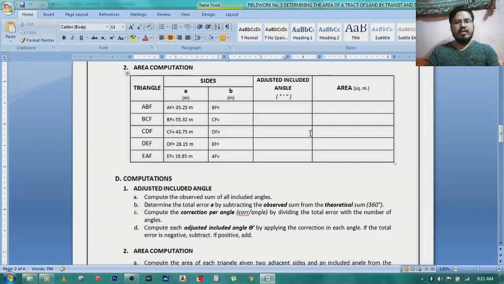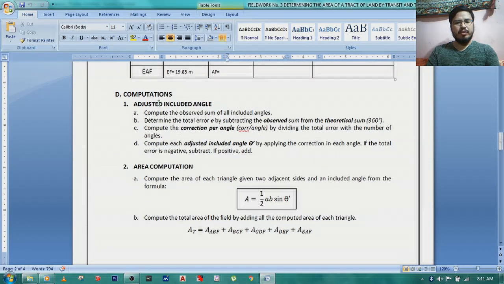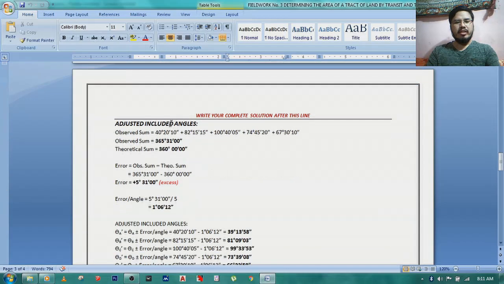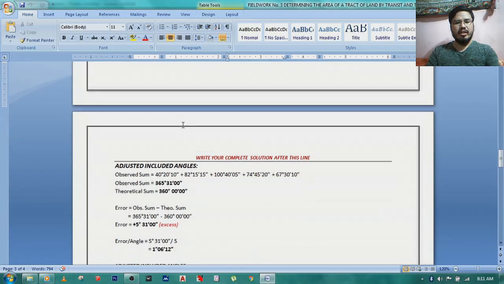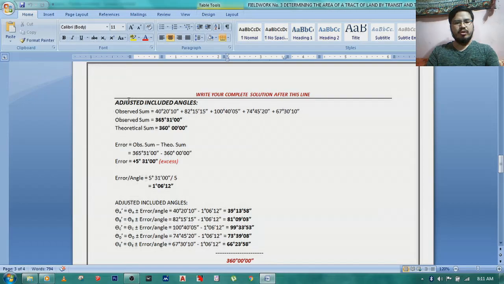Okay, so first is the computation of included angle. As you can see, we have here the solution. If we sum up all the included observed angles, it results to 365 degrees 31 minutes.